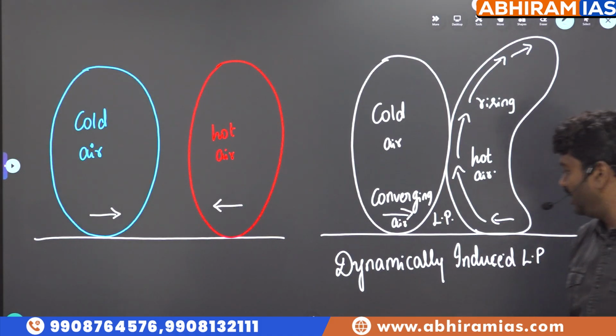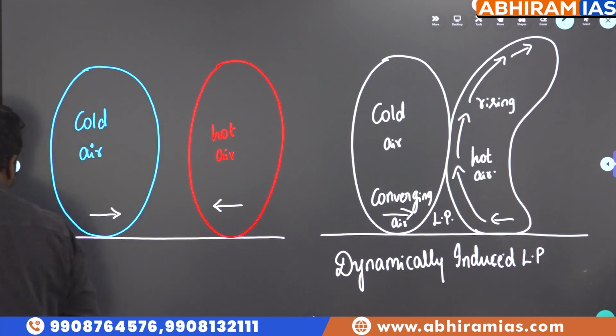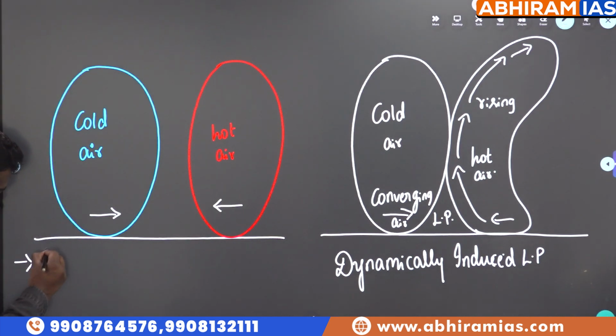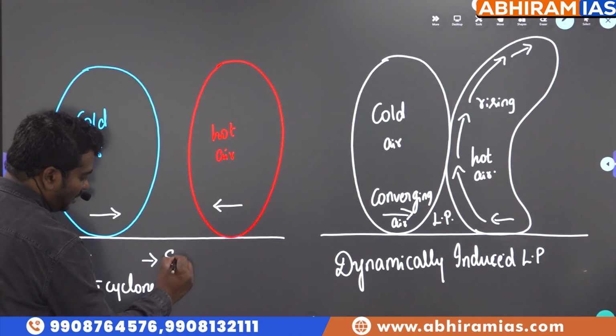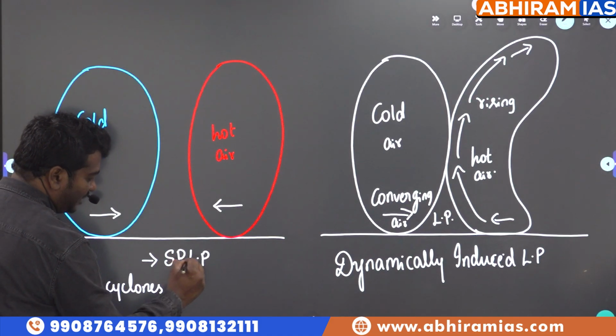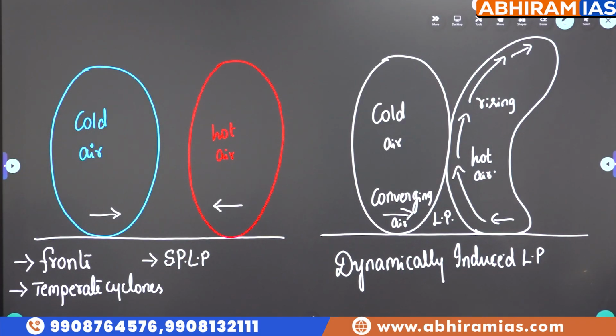Where do you see dynamically induced low pressure? You might have heard of the term front. Have you heard? Fronts. Have you heard about temperate cyclones? Temperate cyclones. You might have heard about subpolar low pressure area, 55 to 65 in between Ferrel cell and polar cell. Subpolar low pressure.